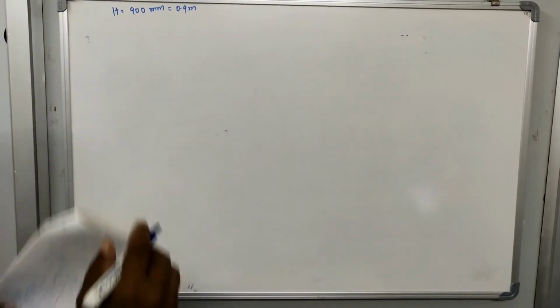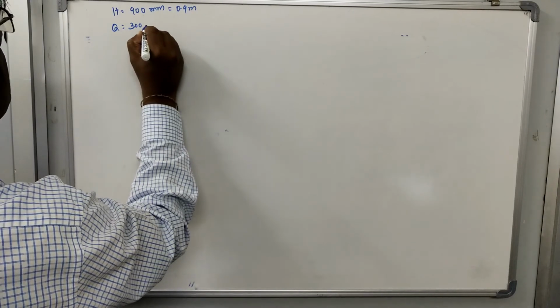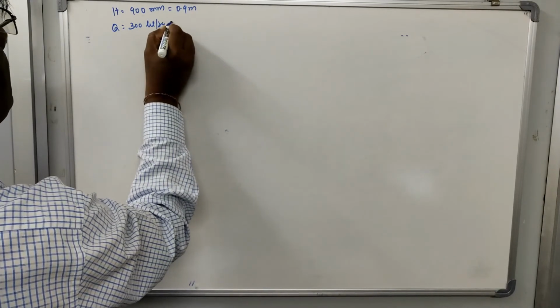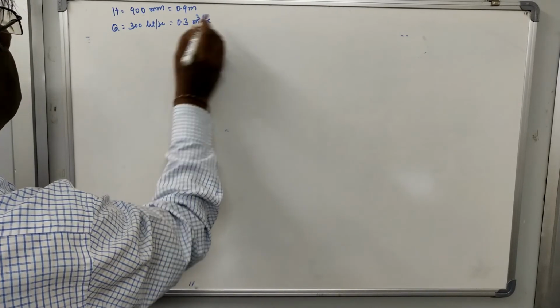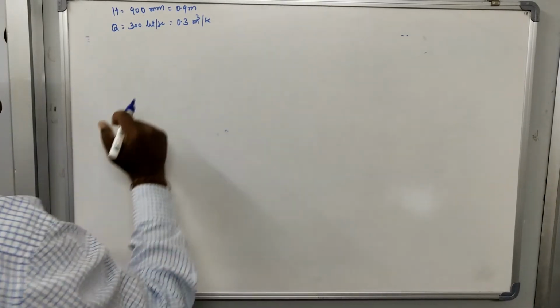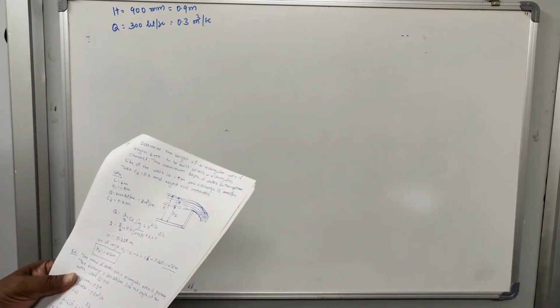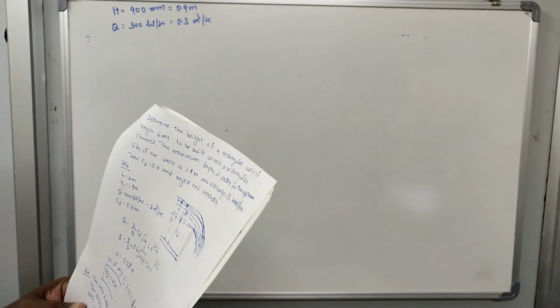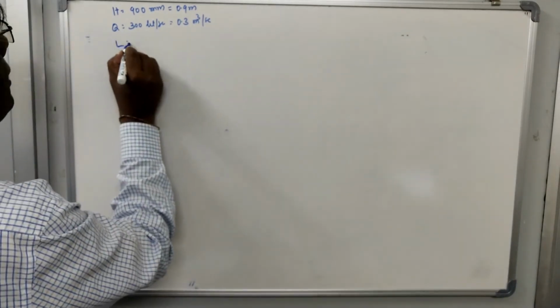The discharge Q is 300 liters per second, or 0.3 meter cube per second. Means 300 liters divided by 1000 gives the discharge in cubic meter per second. Find the length of the notch, so you have to find L.